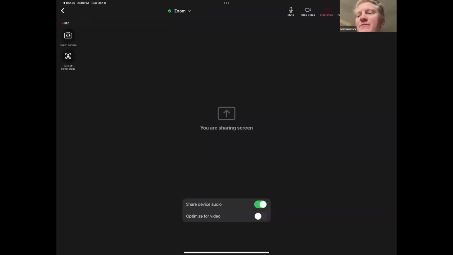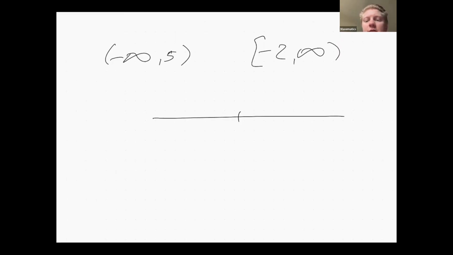Okay, so just to give the brief example of what an intersection would look like for intervals, since we didn't really do it in chapter P, we had -infinity to 5, -2 to infinity. So if we were to draw these on a number line, first one would be everything to the left of 5.